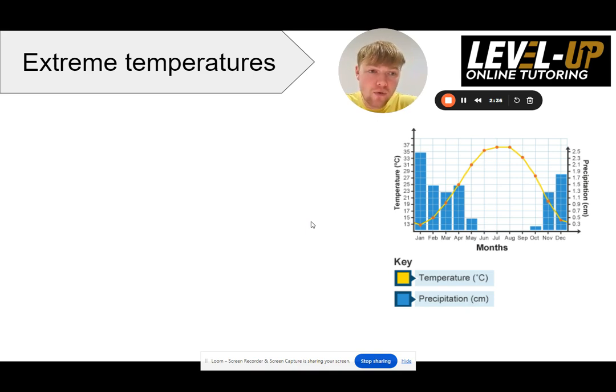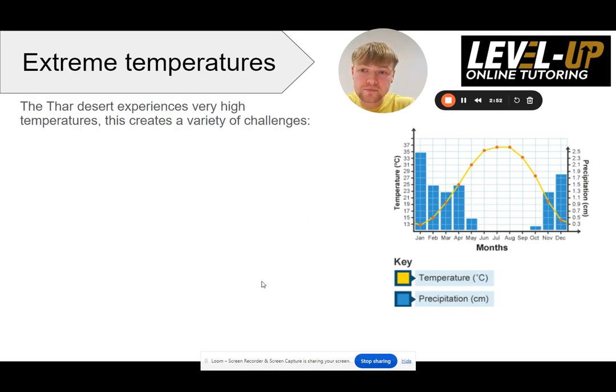Remember that below 250 millimetres is how we'd categorise a desert in terms of precipitation levels. You can see very clearly that is the case, with very low levels of precipitation throughout the year.